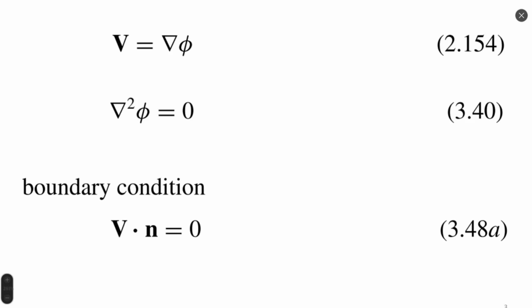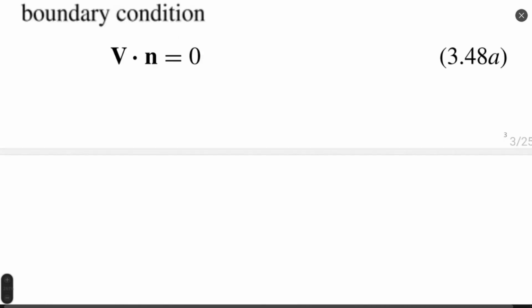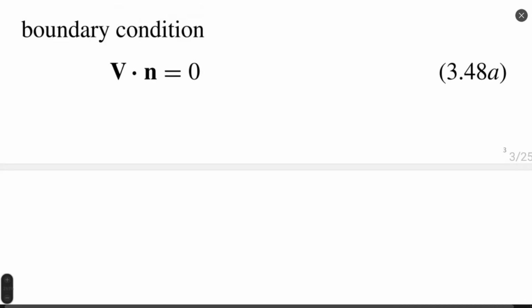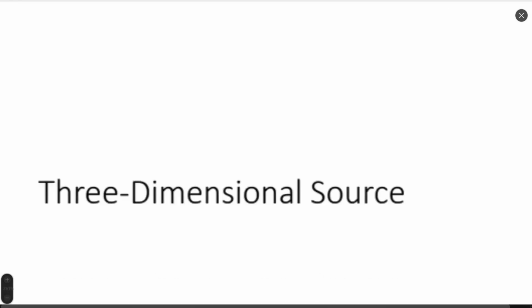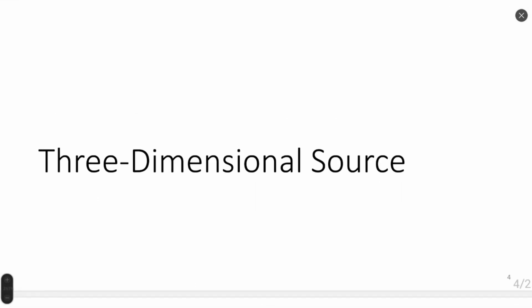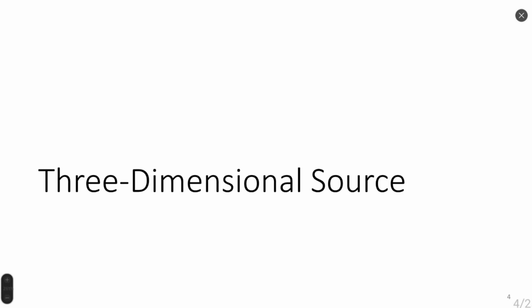It's simple. Velocity follows wall direction, so a scalar product of velocity vector and normal direction on the wall would be equal to 0. This boundary condition we need because Laplace's equation is a differential equation, so boundary conditions must be set.